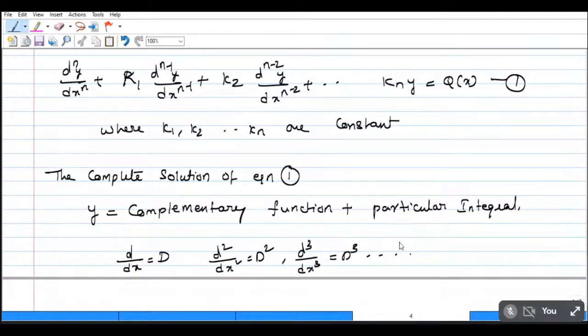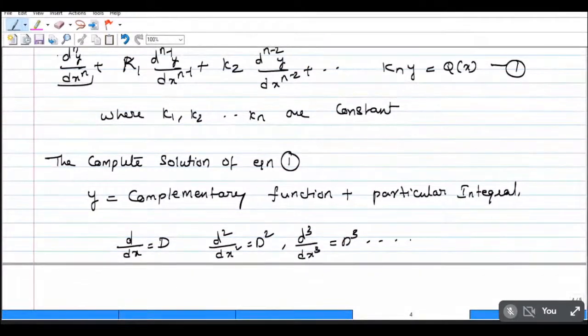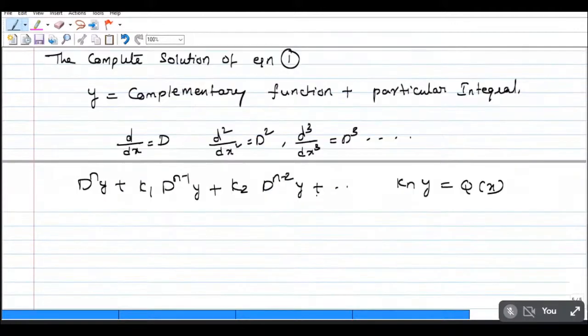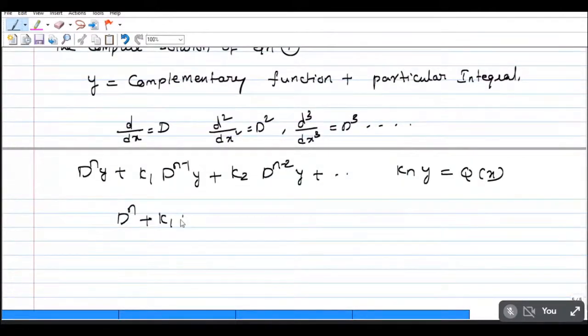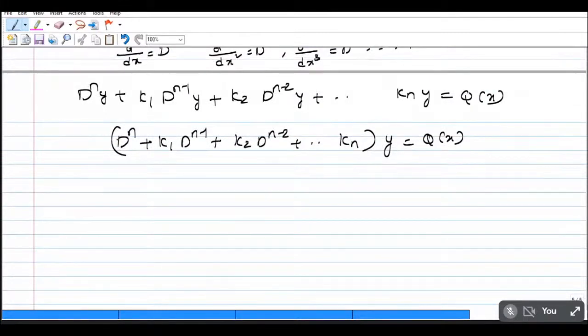Then equation 1 becomes D^n y + k1 D^(n-1) y + k2 D^(n-2) y + and so on + kn y = q(x). Taking y common: (D^n + k1 D^(n-1) + k2 D^(n-2) + and so on kn) y = q(x). This is just symbolic form.